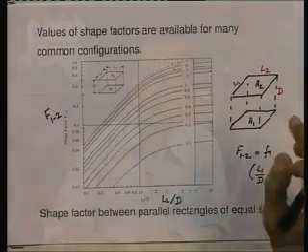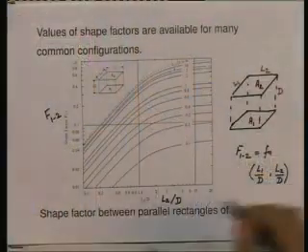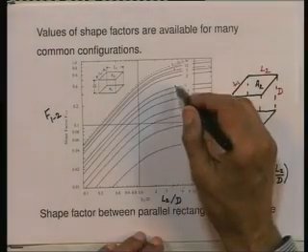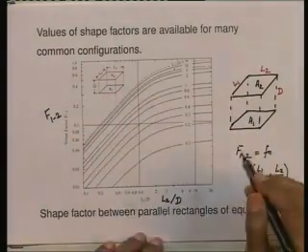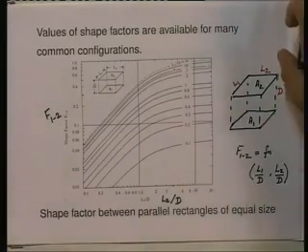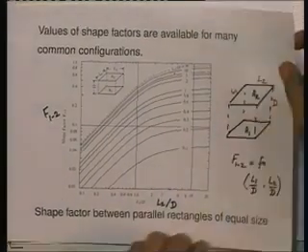So, for a given situation in practice, calculate L1 by d, calculate L2 by d, go to this graph, go to the appropriate curve for L1 by d, and read off the value of F1-2. That is what you will have to do. Okay.